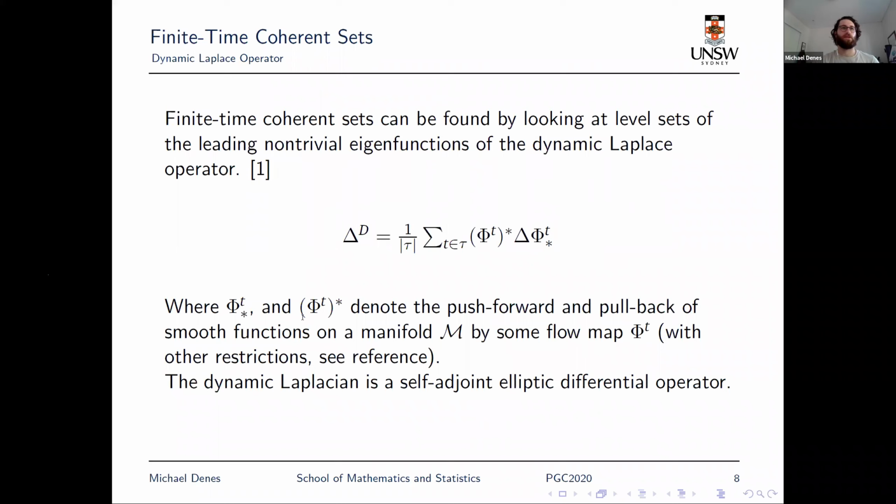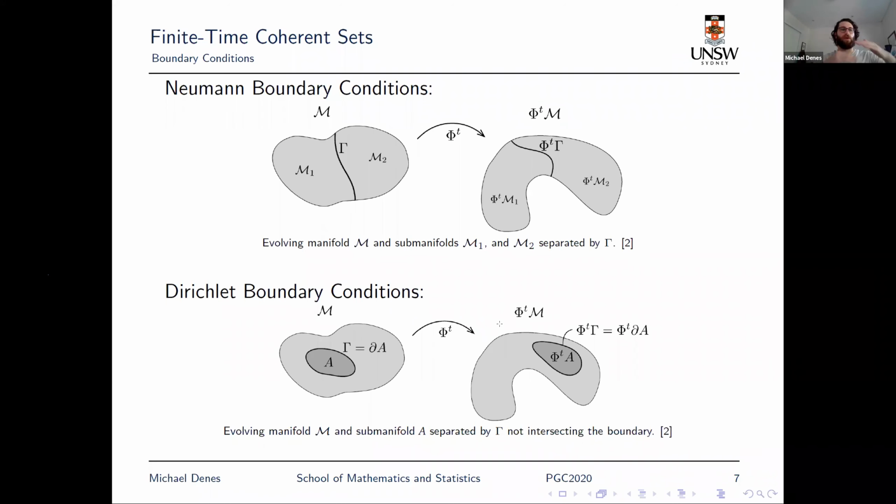Dirichlet boundary conditions, if we take a region of fluid and we have a rotating vortex in the middle, we know that the boundary that we're searching for can't intersect the boundary of our domain. And so we're essentially searching for a boundary within our domain. Hopefully that made sense, but I can discuss that a little later as well, because I realize now there are a few slides that are essential to make sense of this.